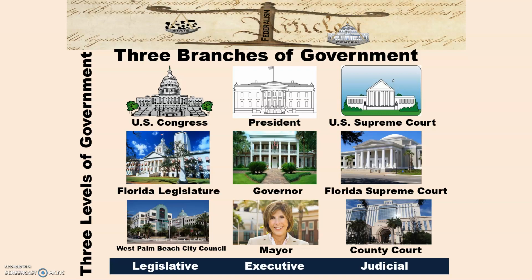The state's executive is the governor, and the state's judicial is a state-run Supreme Court. And your cities also have three branches of government. You have a legislative for a city like the West Palm Beach City Council. You have an executive of West Palm Beach known as the mayor. And you have a judicial of Palm Beach known as the county courts.